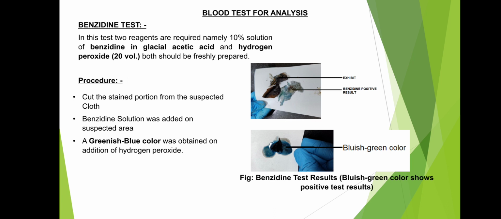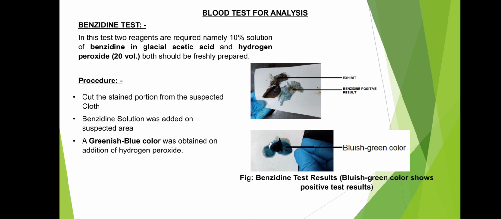Procedure: cut the stained portion from the suspected cloth, add benzidine solution, then we observe a greenish blue color on addition of hydrogen peroxide. The figure represents the bluish green color, which infers blood. This could be blood or anything else like plant tissues. Plant tissues also give this bluish green color. So this is not the confirmatory test.